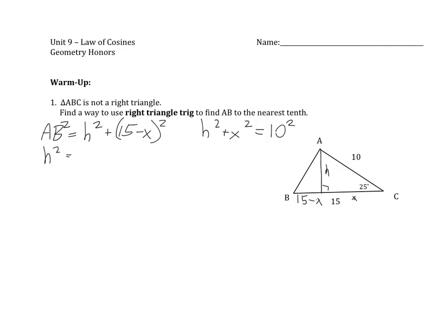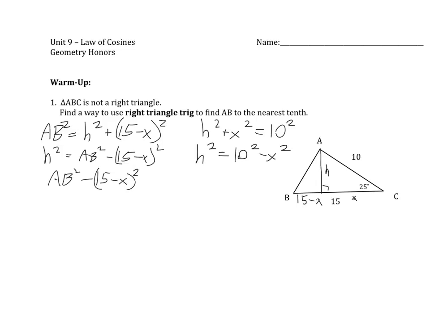H squared equals AB squared minus (15 minus X) squared, and H squared is going to equal 10 squared minus X squared. So these two can be set equal to each other. AB squared minus (15 minus X) squared equals 10 squared minus X squared.